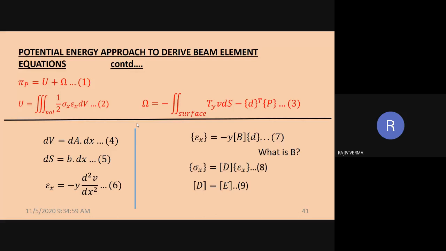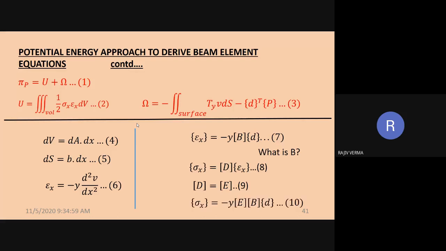But in cases such as plane strain and plane stress, we will see that the matrix D happens to be of size 3 by 3 or 4 by 4 or even 6 by 6. But for the time being, the D matrix, which relates stresses to strain, simply is a 1 by 1 matrix, and it is equal to elasticity itself. This is equation number 9.